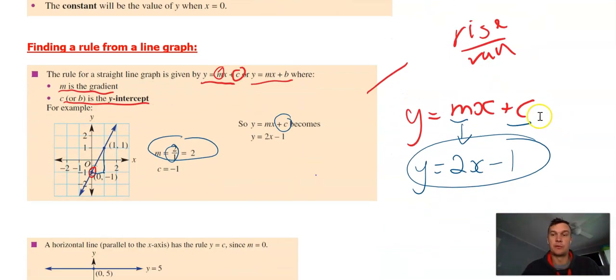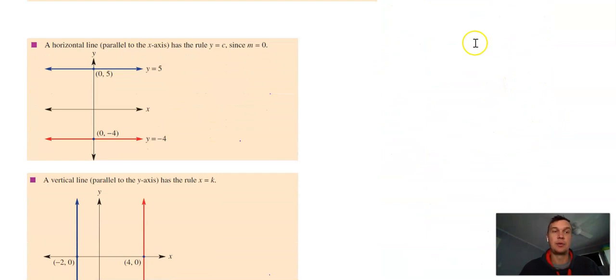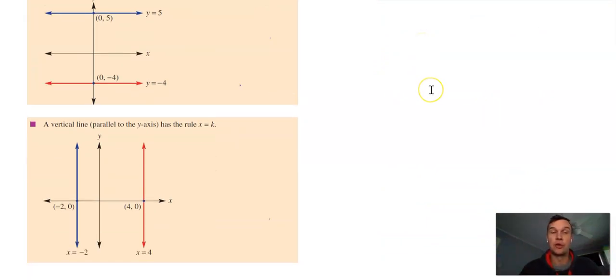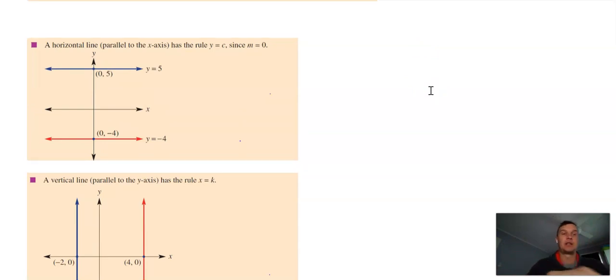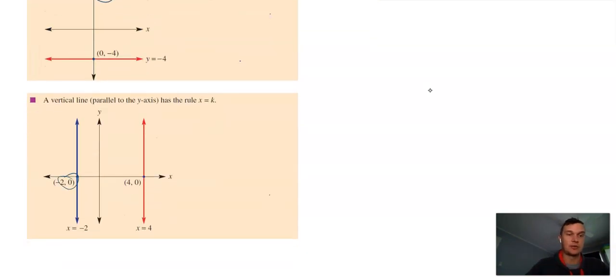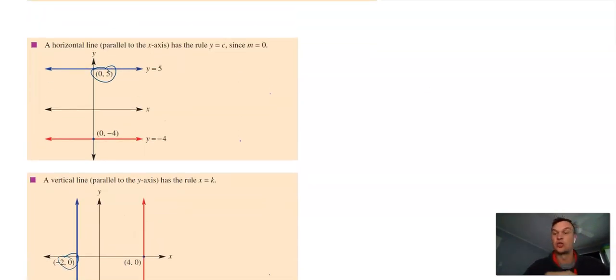Now let's move on to a quick look at rules for horizontal or vertical lines. Because one of the variables is 0, the rule slightly changes. For the horizontal lines, the ones that go straight across, the y always remains the same, so the rule here is y equals c.